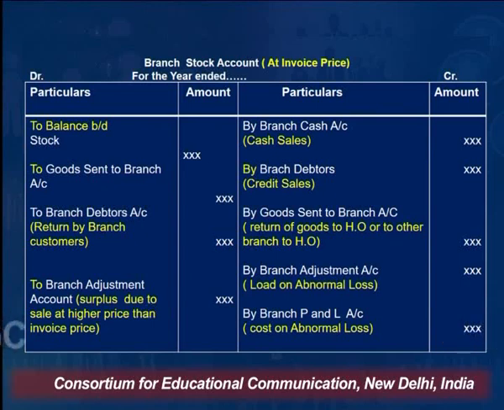And this surplus happened because the goods are sold higher than the invoice price. For example, goods are of rupees 200 and we sold these goods for 220. So there is a surplus. This will depict the surplus in the branch stock, and this will be shown on the debit side of the branch stock account.